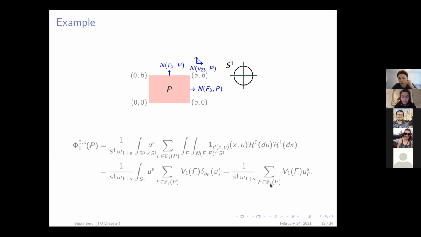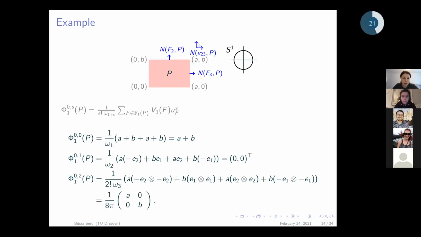So taking the sum over all the facets, the volume of the facet and the tensor of the normal vector here. And if we do the calculations, then, for example, when s equals 0, it will give half of the surface area.